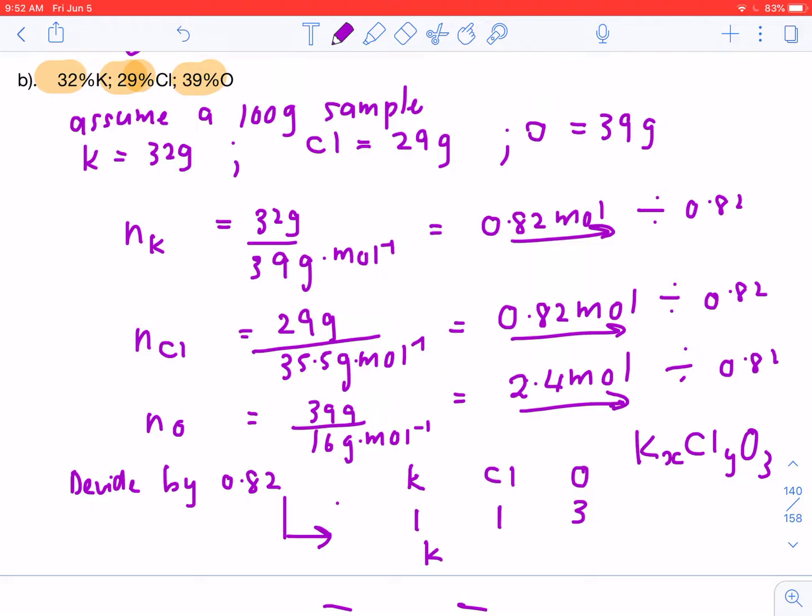K would be 1, Cl would be 1, and oxygen would be 3. So that's the empirical formula for potassium chlorate.